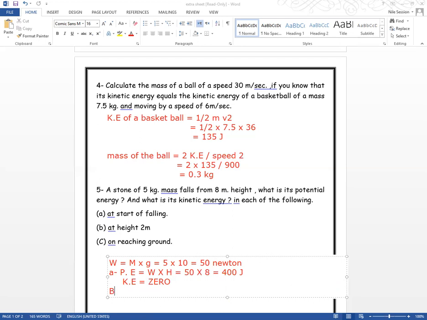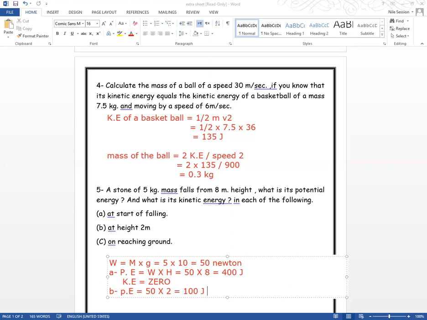B. We need the potential energy at height 2 meters. So the potential energy at height 2 meters equals weight 50 times height 2, so the potential energy equals 100 joule.